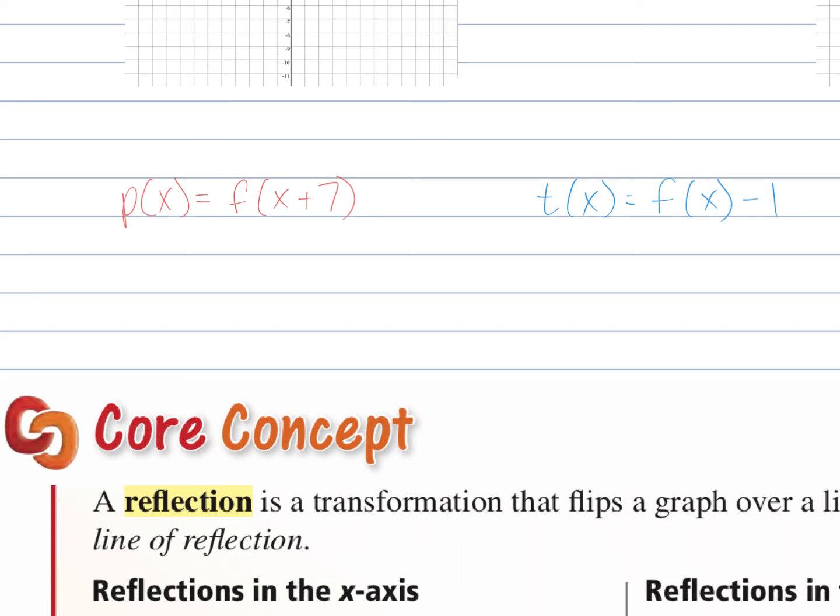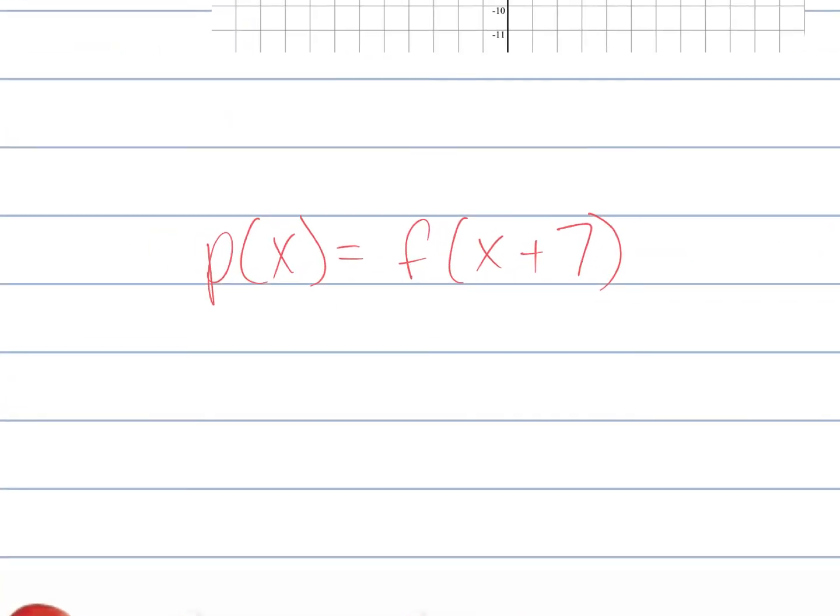Okay, let's look at p of x first. What do we know about this transformation? Christian? It's horizontal. Why? Because it's inside the parentheses. Good. Mia? It's a translation. Excellent. Why?